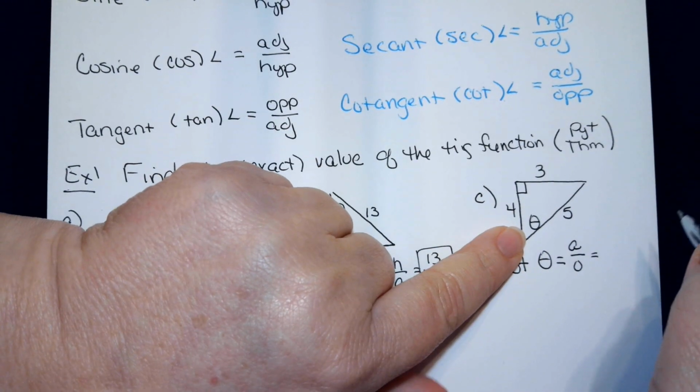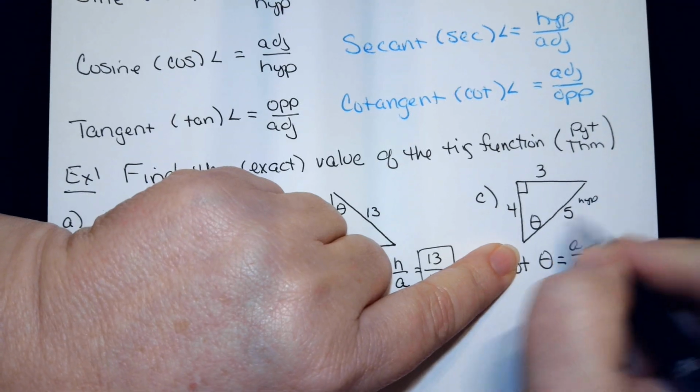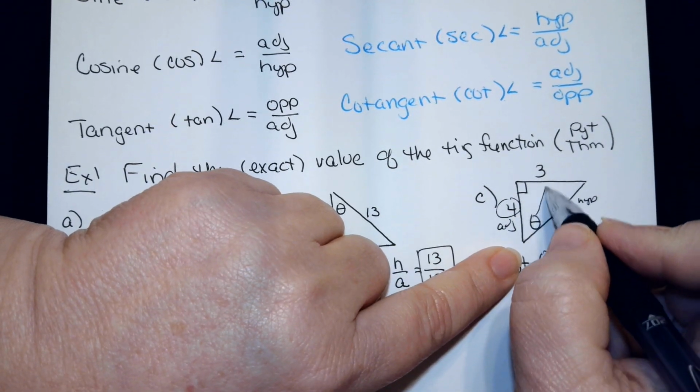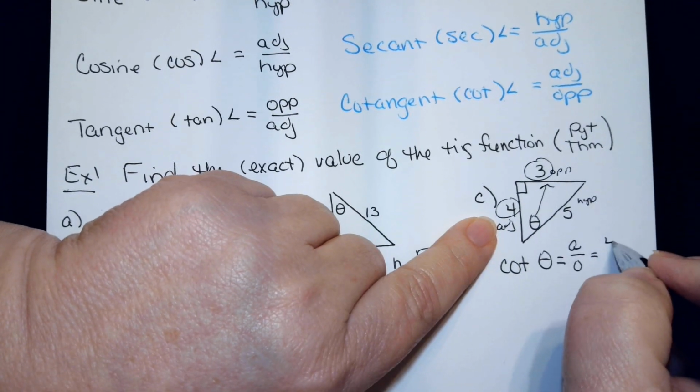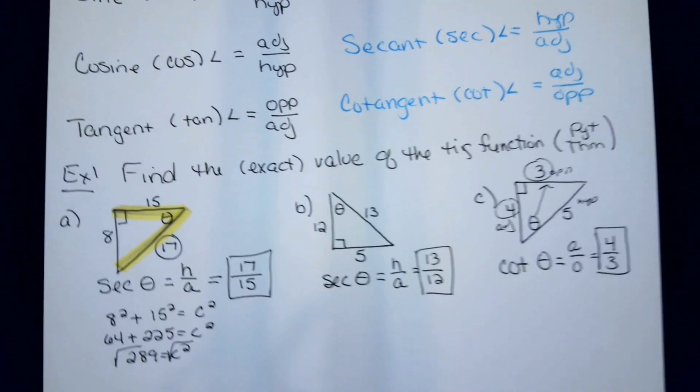So here's my angle. This side right here is the hypotenuse. This side right here is the adjacent. So I need the adjacent side. And then this side is the opposite. So I need the opposite side. So the adjacent is 4. The opposite is 3. So I get 4/3.